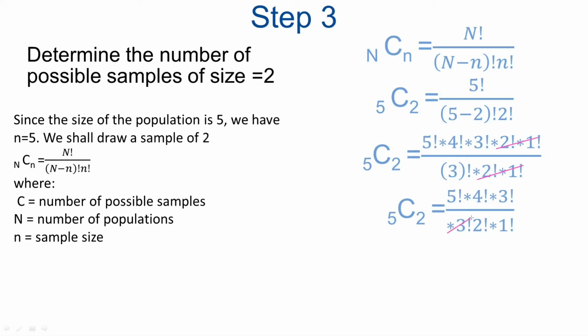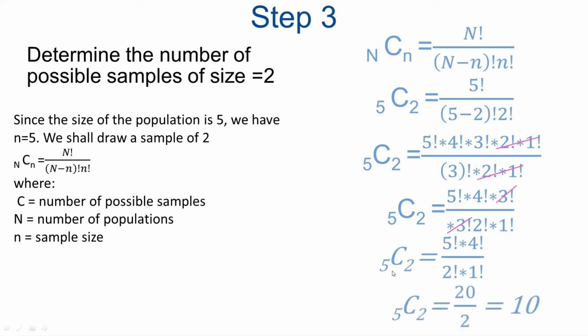So we can cancel out the 3. Then the remaining is 5 times 4 over 2 times 1. And then when we multiply it, that is 20 over 2 is equal to 10. So the combination is 10. So dapat, ang possible sample natin ay 10.